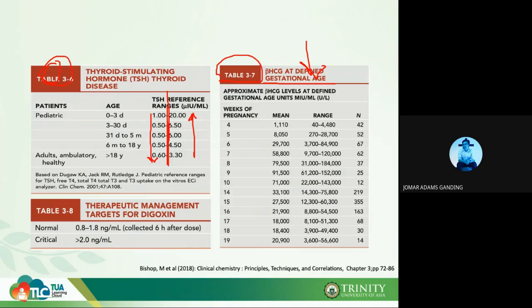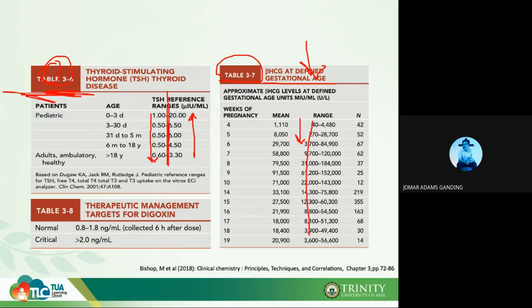And if we're going into the terminology that we are using here, if I had no beta HCG, that would mean that I would be lower than this reference range, this lower limit. So that would mean that I am abnormal.